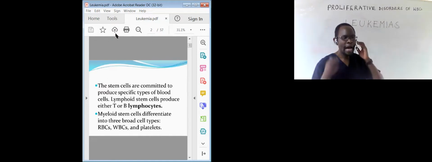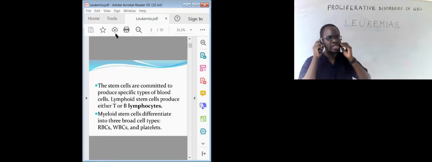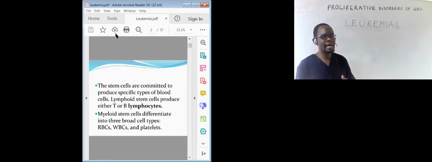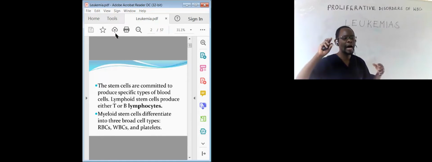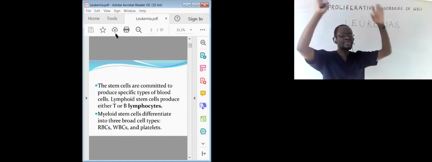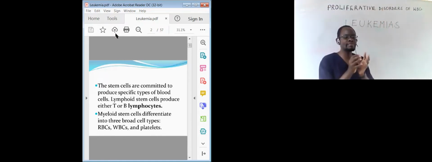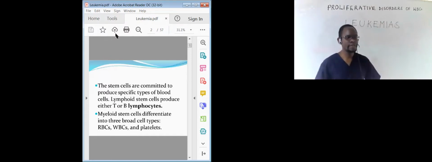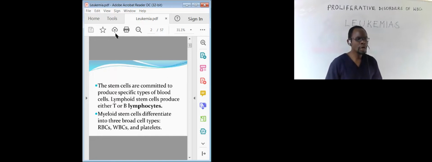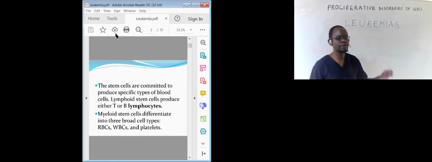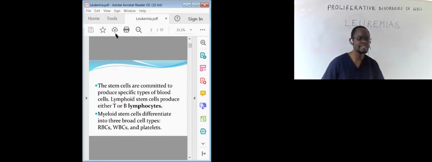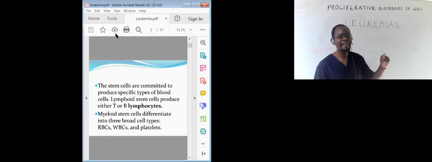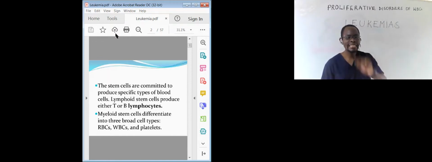It always starts from the blood stem cell, which gives rise to myeloid and then lymphoid stem cells. The lymphoid stem cell produces the B lymphocytes, the T lymphocytes and the natural killer cells.